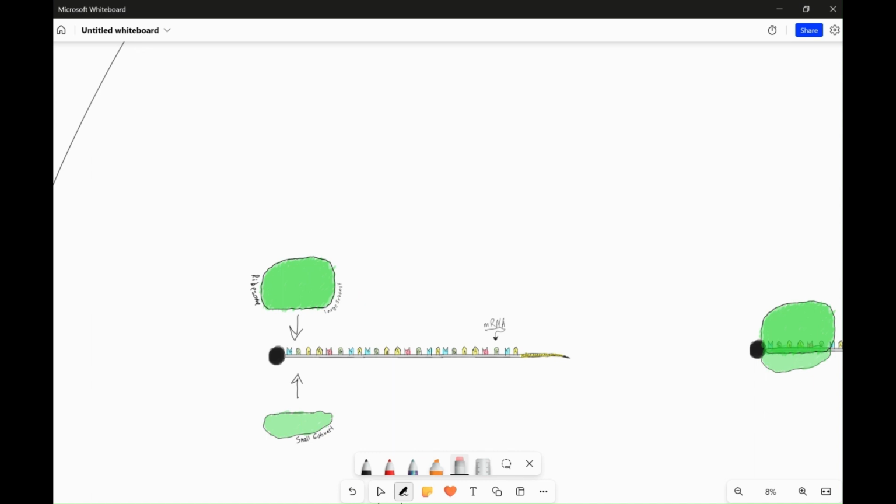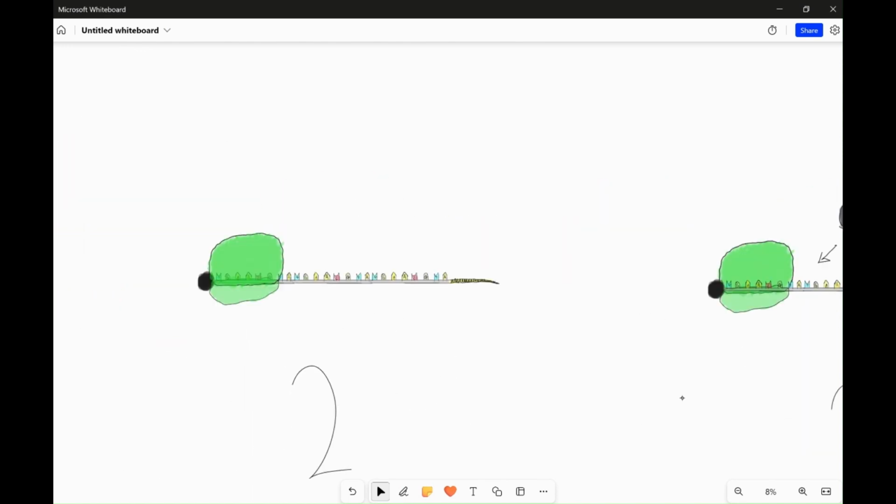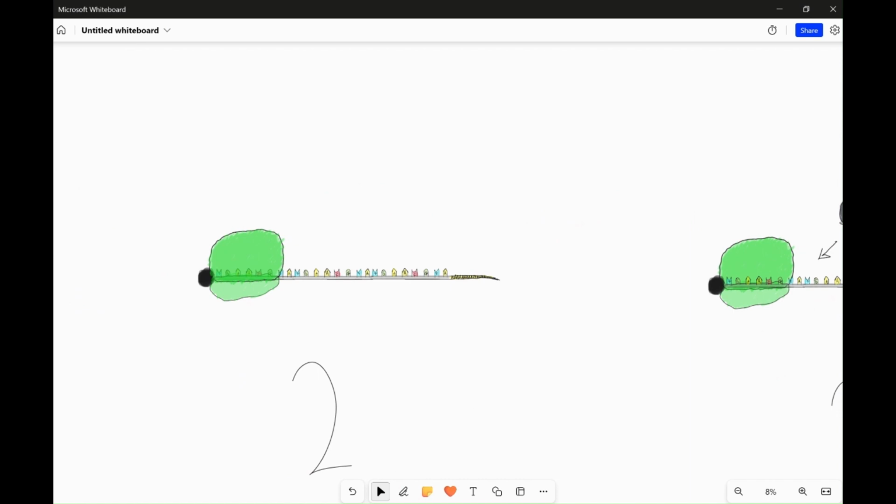First, mRNA finds a ribosome and is pushed in between the two subunits right here. You can see how it attaches right here.